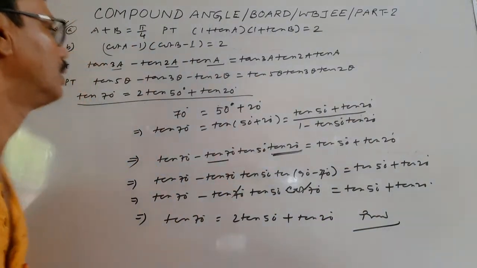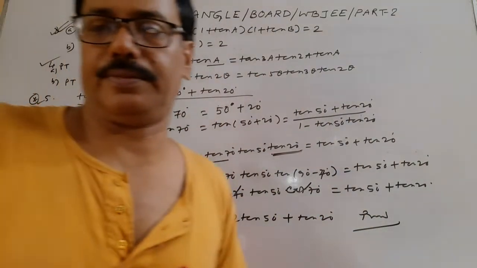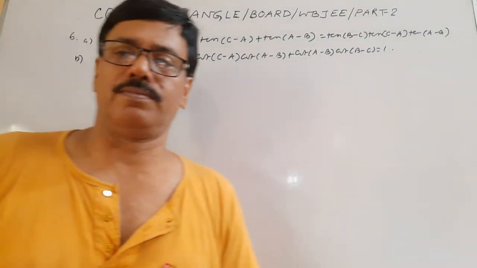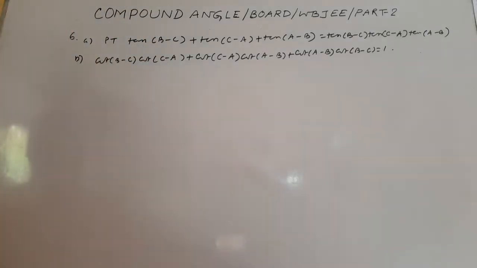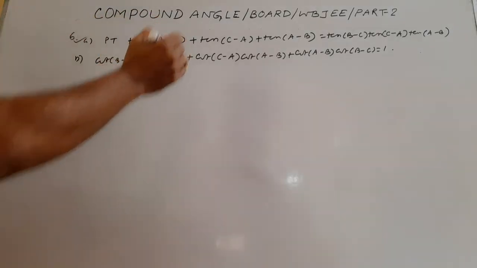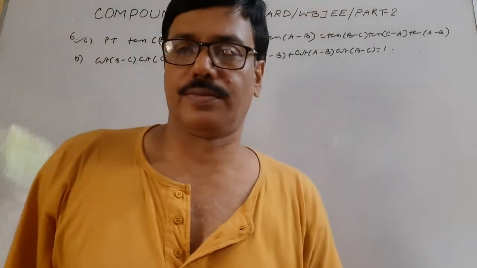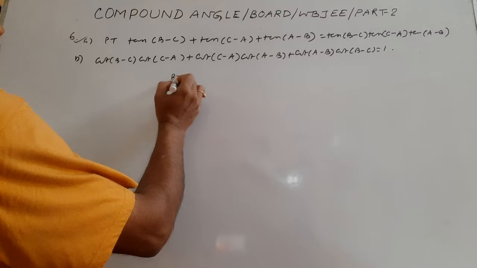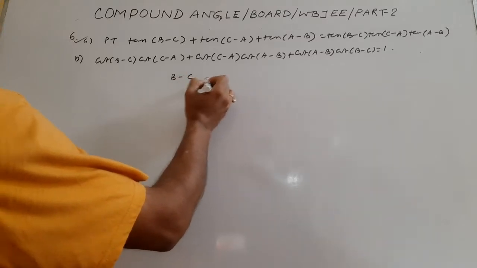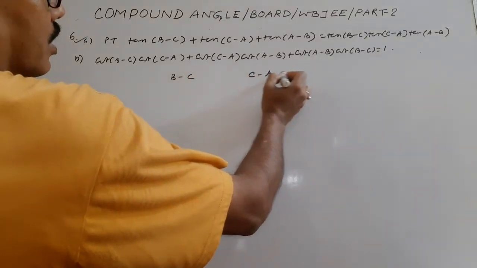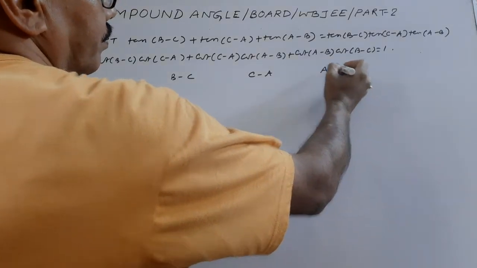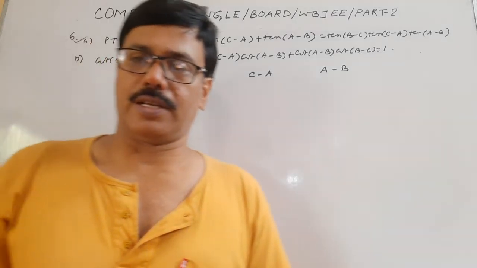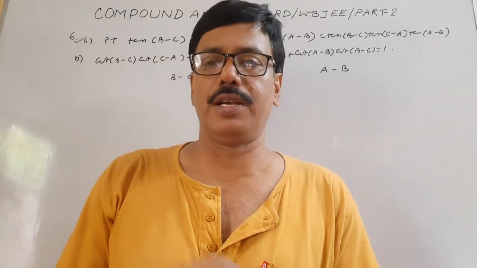Next, now we consider two more problems of the same type. One is in terms of tan, another is in terms of cot. So look, here the angles are B minus C. Suppose this is B minus C, C minus A, A minus B. No relation among the angles is given, but you can find a relation.